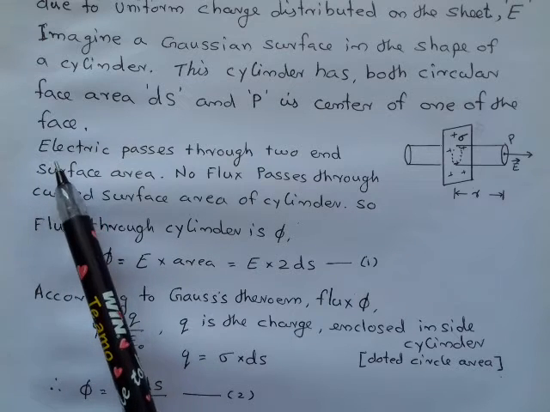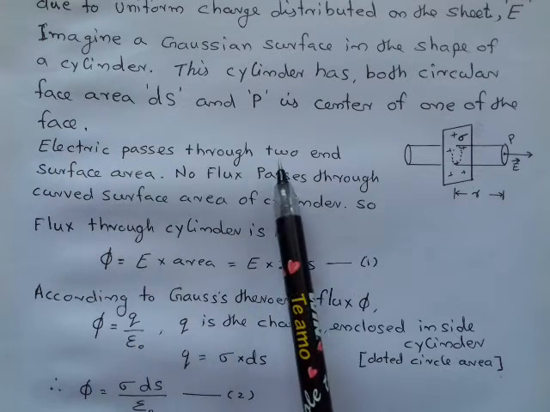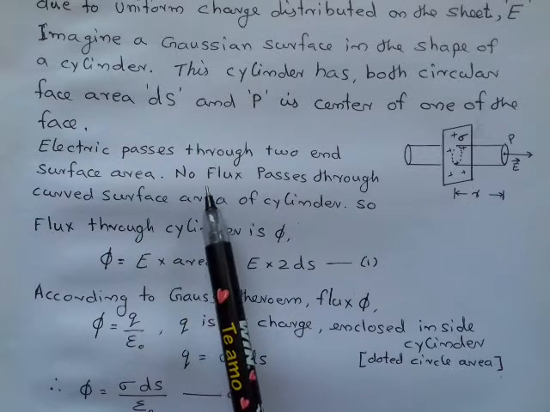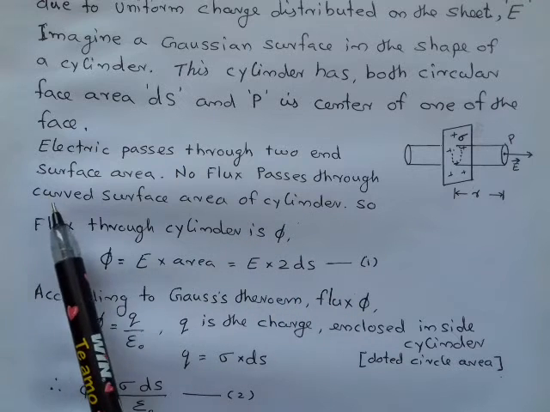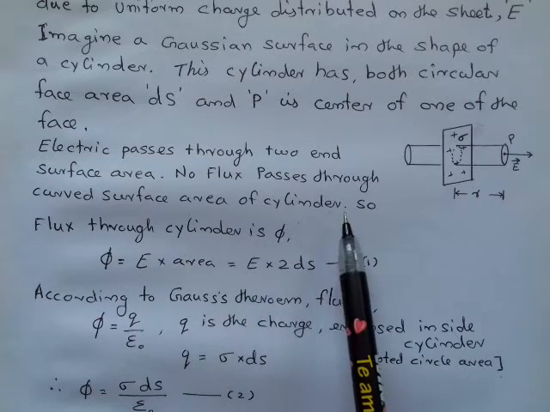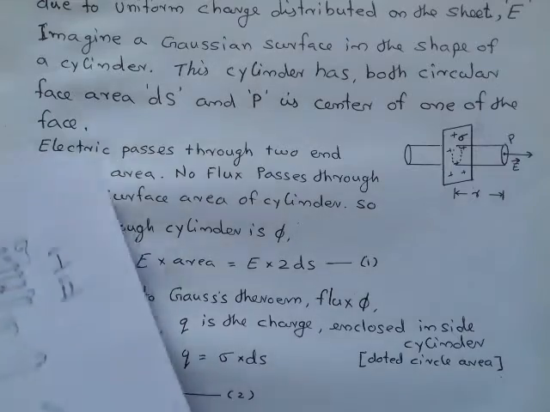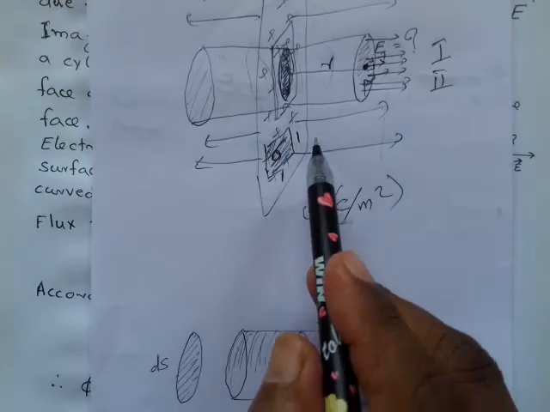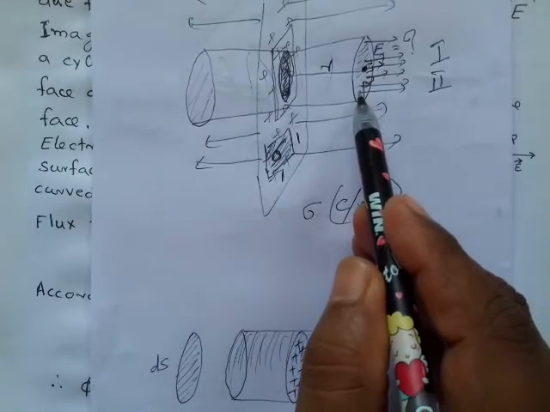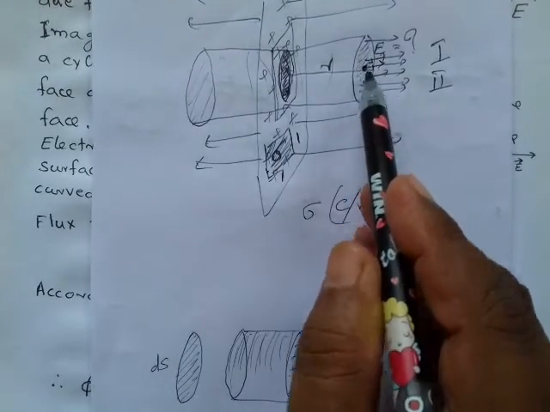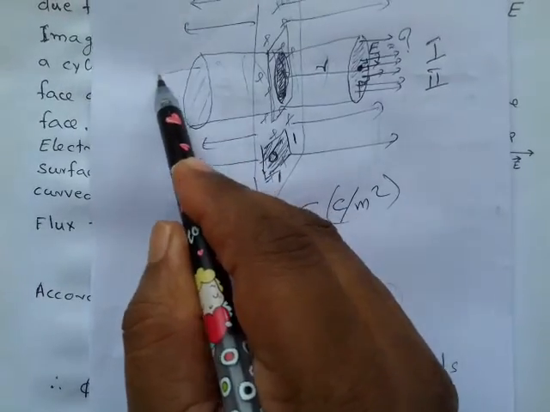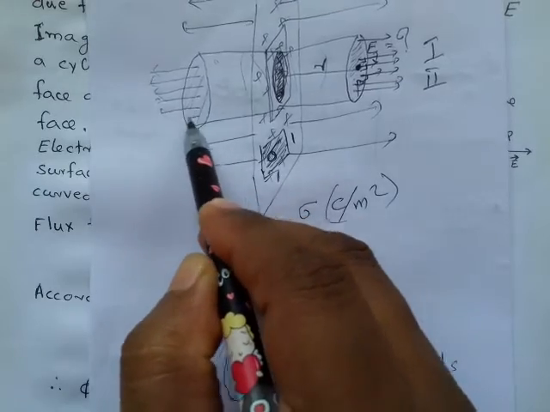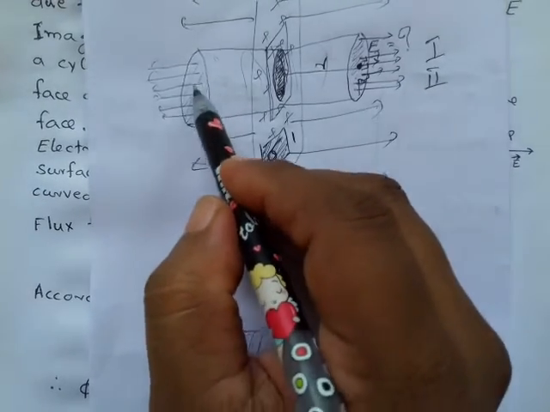Electric lines pass through the end surface areas and no flux passes through the curved surface area of the cylinder. So let us find out how electric flux passes through different areas. You can see that these lines are penetrating through these points, and similarly electric lines are passing through this ds area also, passing perpendicular through.